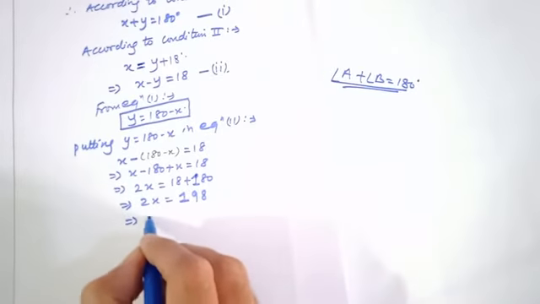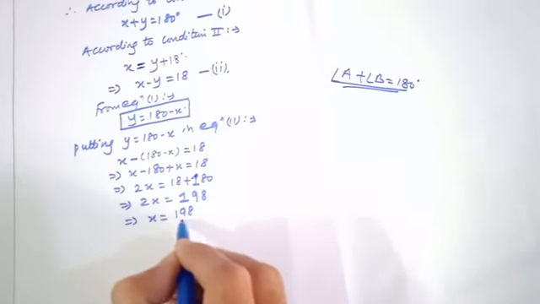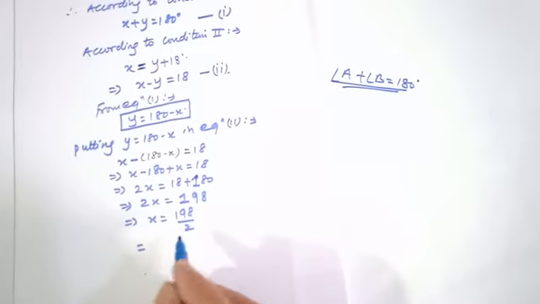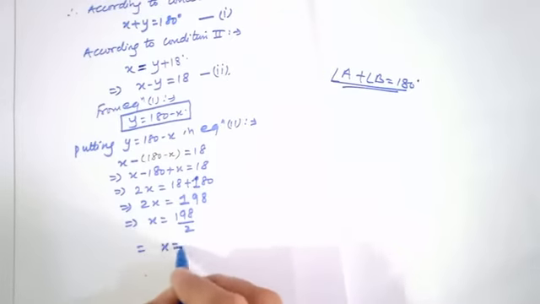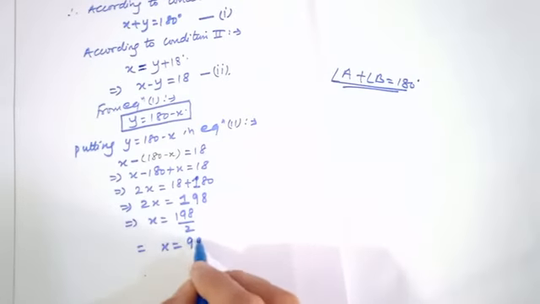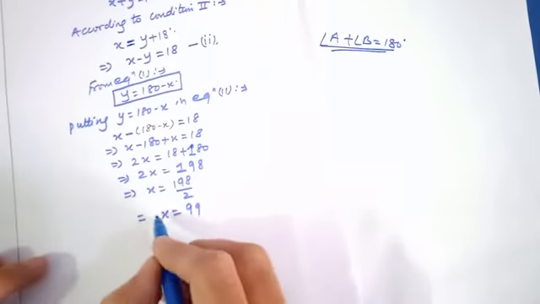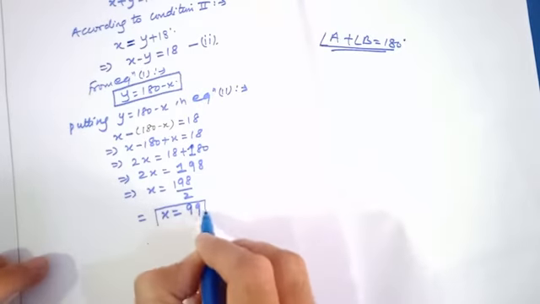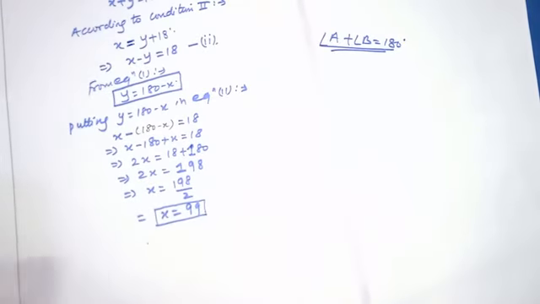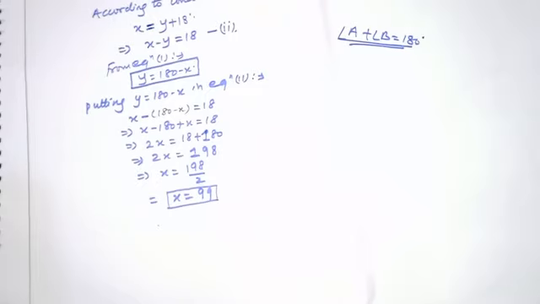This means x equals 198 upon 2, and if you divide 198 by 2, you get x equals 99. So you are getting x as 99 degrees. Is that clear, students?